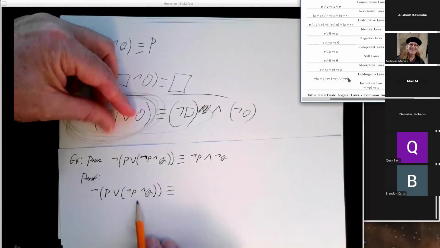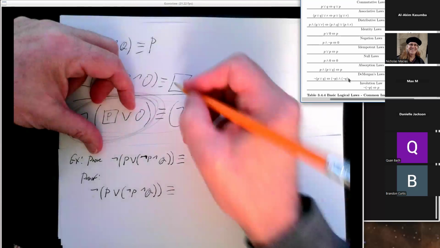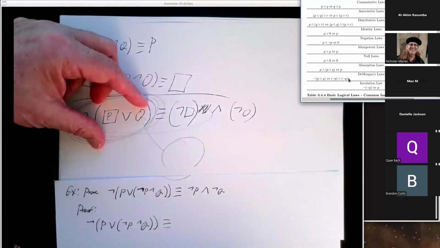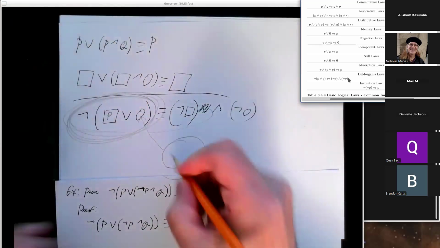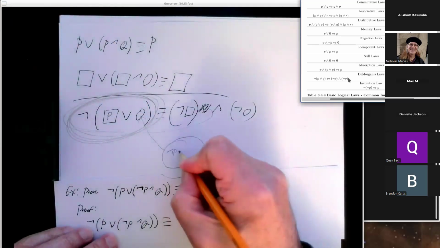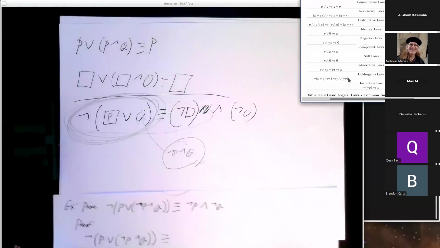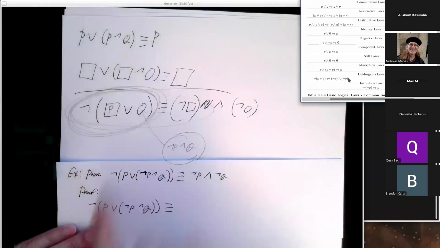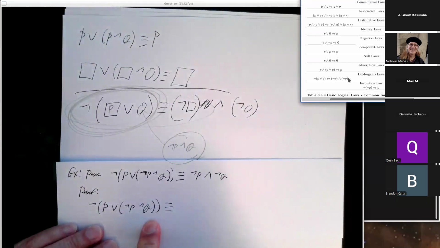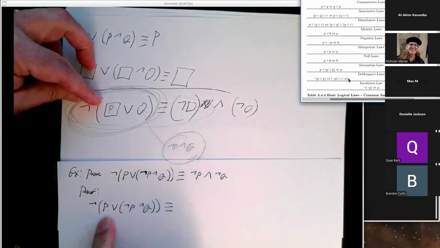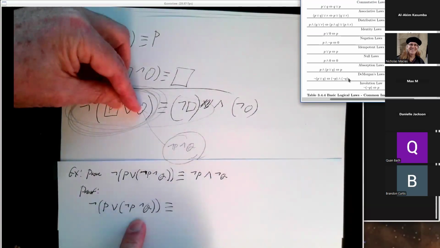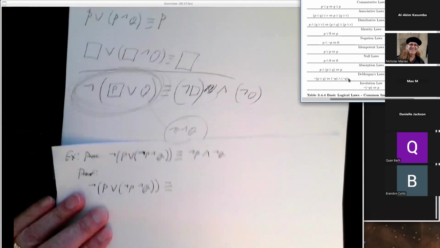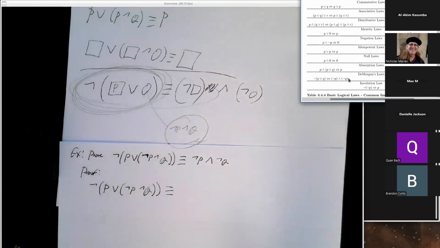And in the circle, I could put not P and Q. And if I do that, now this exactly matches that form, right? Not parentheses P or not P and Q. Does everybody see that?